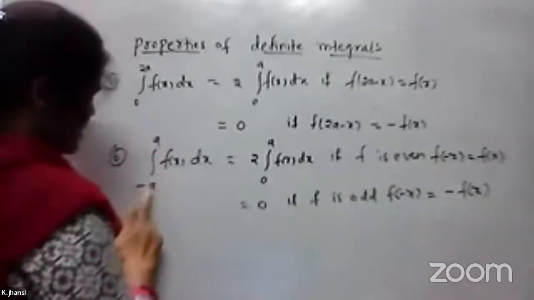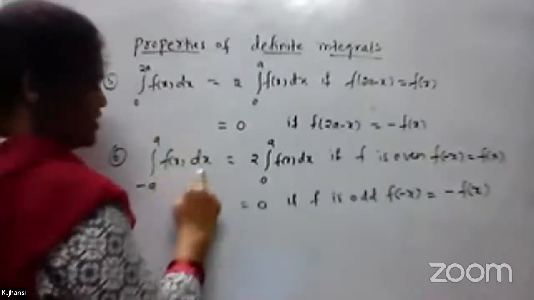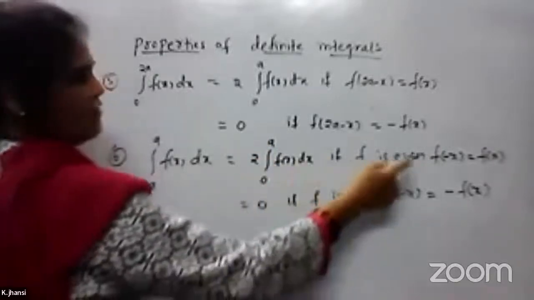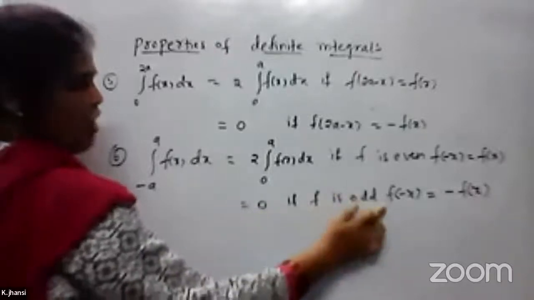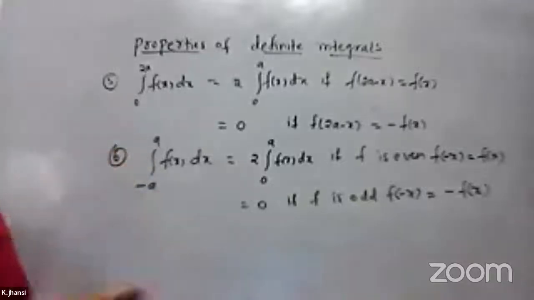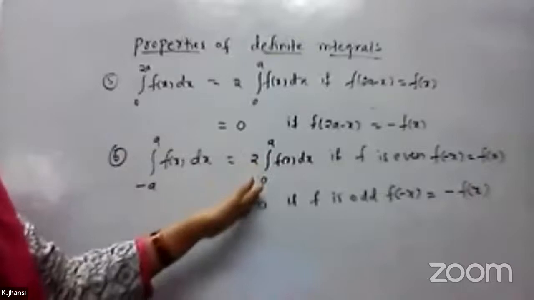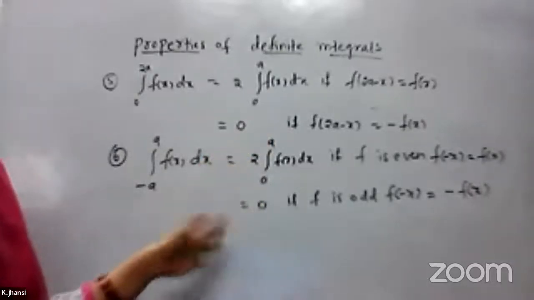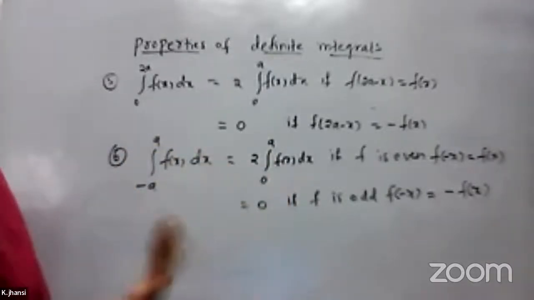So minus a to a f of x dx equals 2 times 0 to a f of x dx if f is even, and equals 0 if f is odd. Here you may get minus pi by 2 to pi by 2 or minus pi to pi, so you can write 2 times 0 to pi or 2 times 0 to pi by 2. Whenever the limit values are there, you can change them according to these formulas.